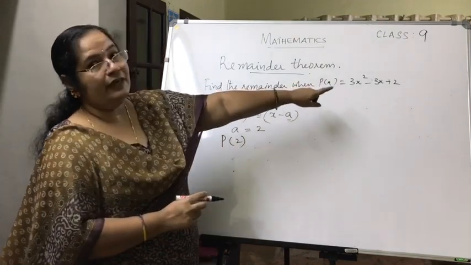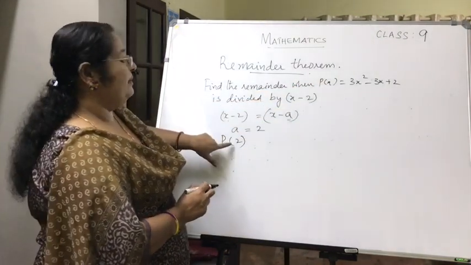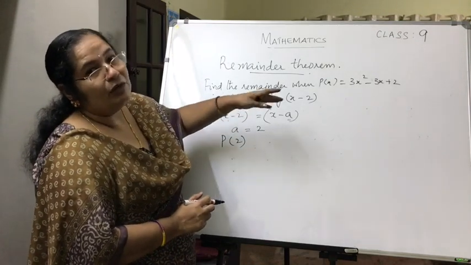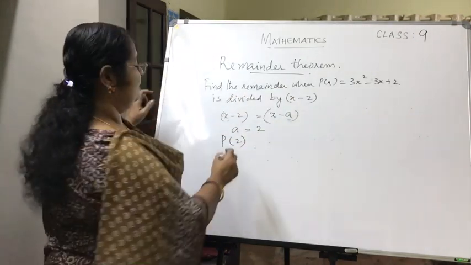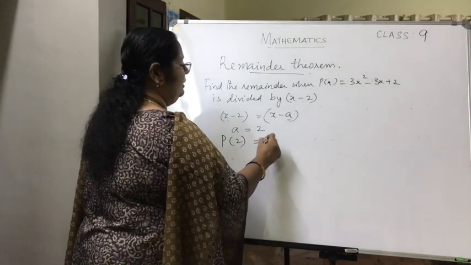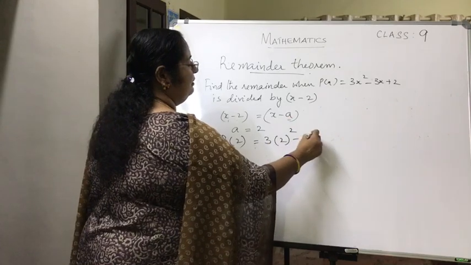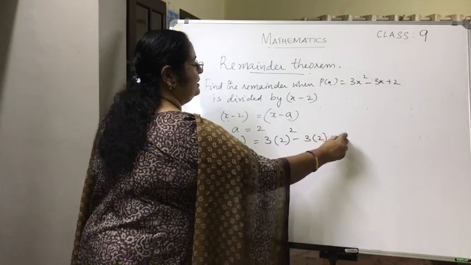That is, instead of x in the given polynomial, you substitute 2, and you are actually finding the value of the polynomial. So P of 2 is equal to 3 into 2 square minus 3 into 2 plus 2.